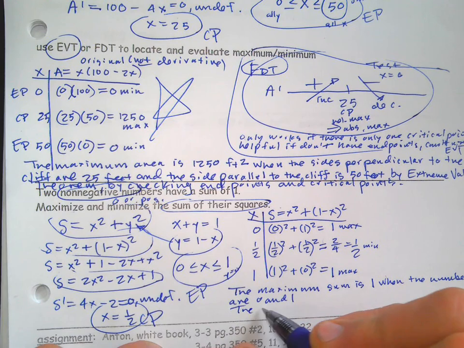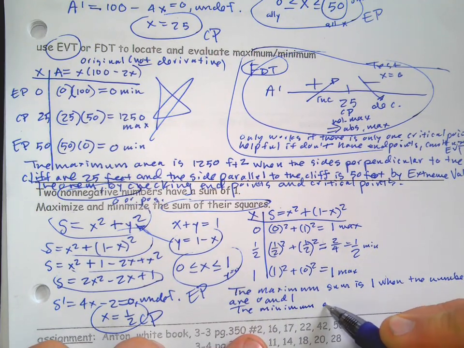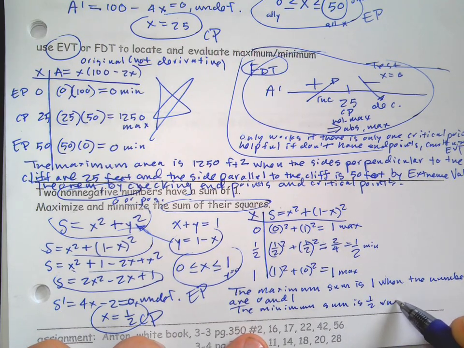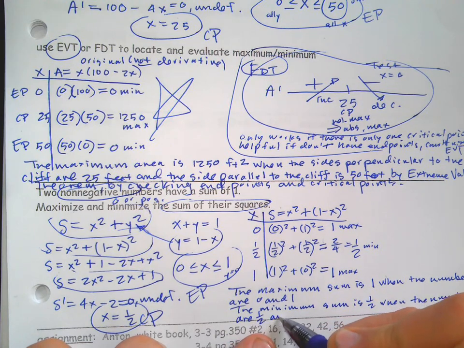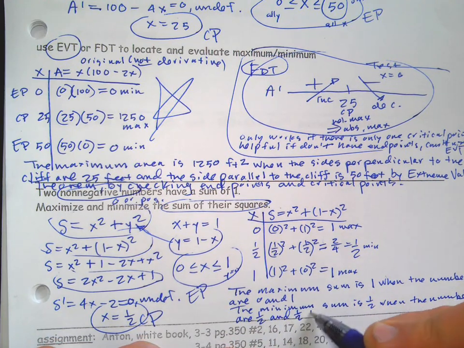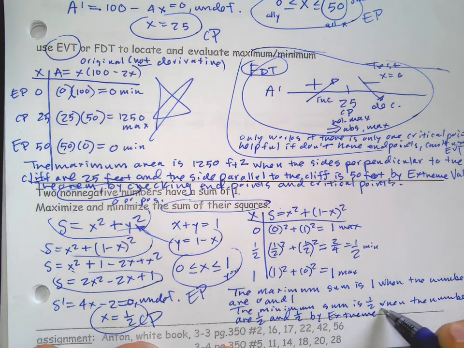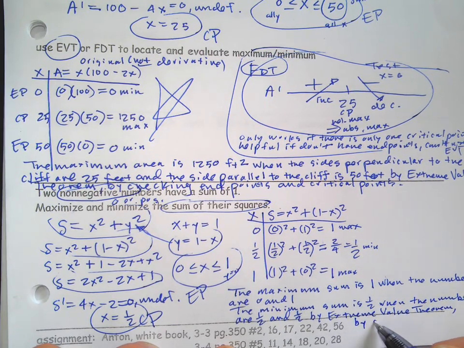The minimum sum is 1/2 when the numbers are 1/2 and 1/2. And then I want you to justify it by extreme value theorem, by checking endpoints and critical points.